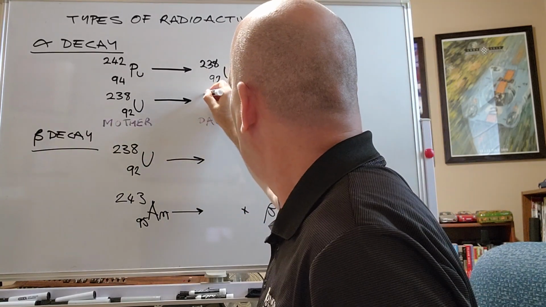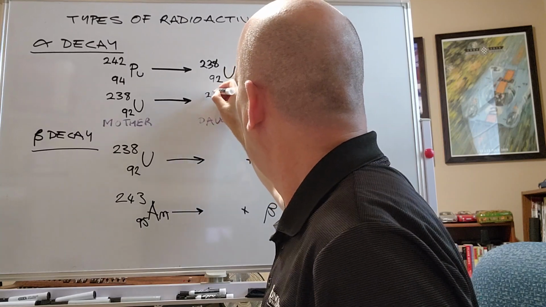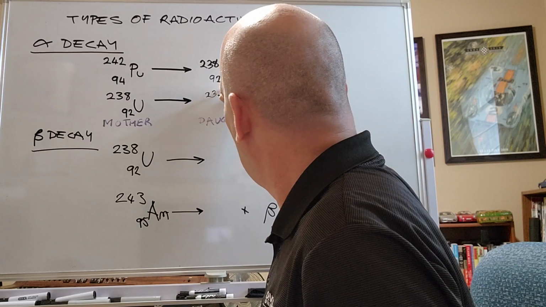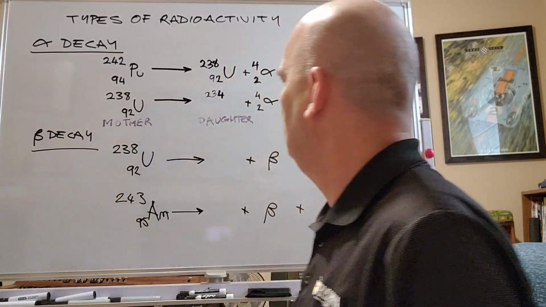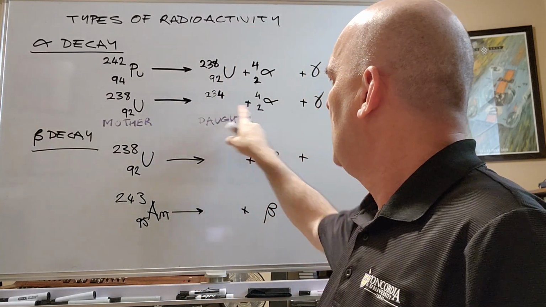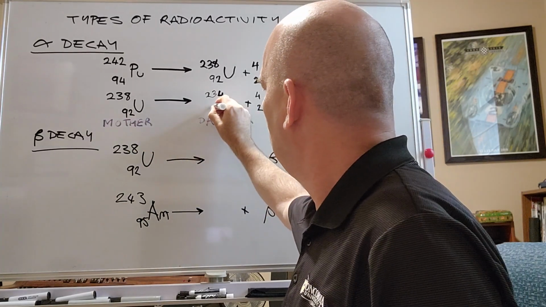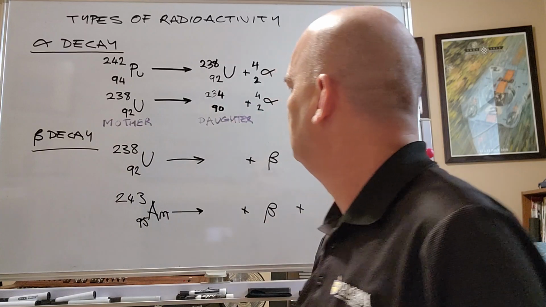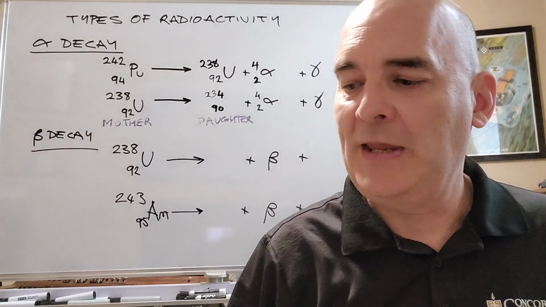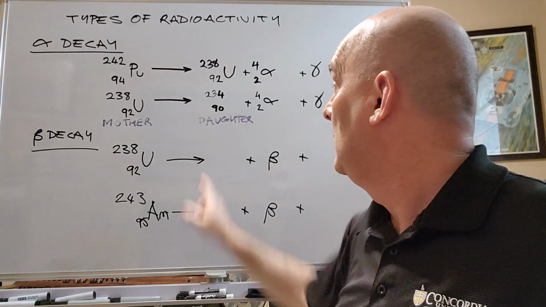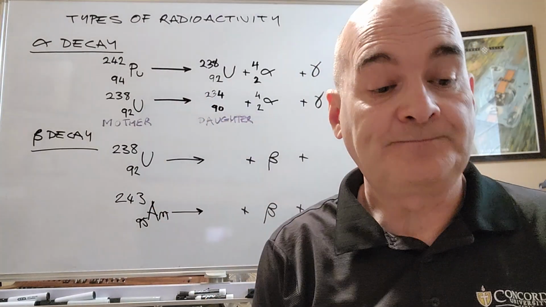So this gets to be 234. And then some number, when you add 2 to it, is equal to 92. So the daughter of the alpha decay of uranium-238 has numbers 234 and 90.